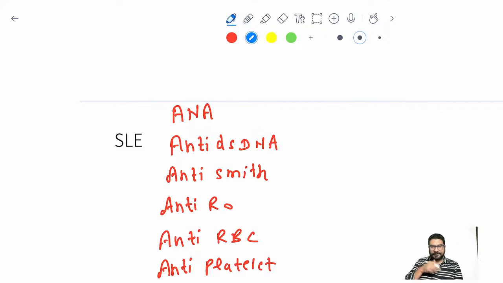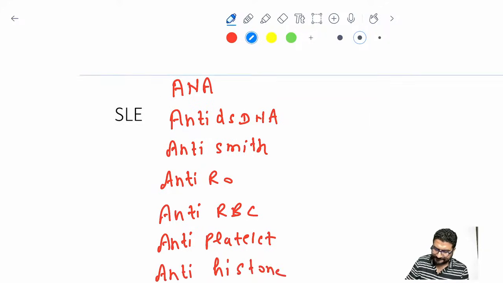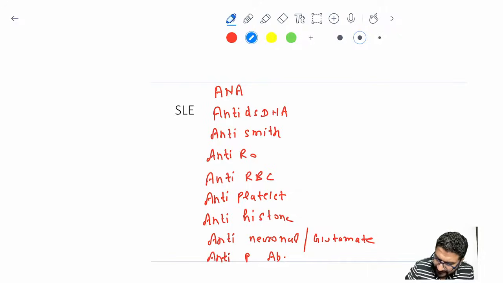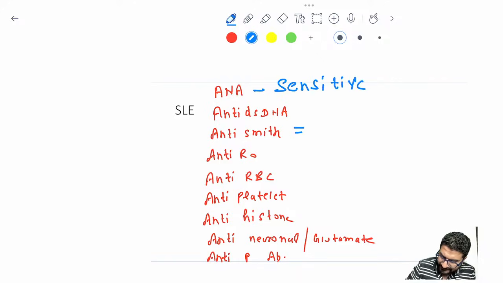So understand. Now coming to the first one, ANA. If ANA is positive, it is SLE. ANA is the most sensitive antibody. Anti-Smith is the most specific. Anti-dsDNA is specific and it has prognostic value.